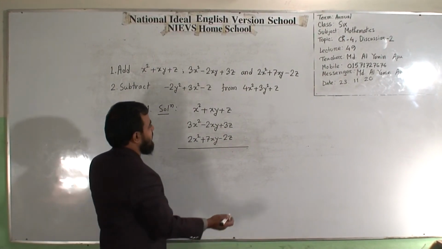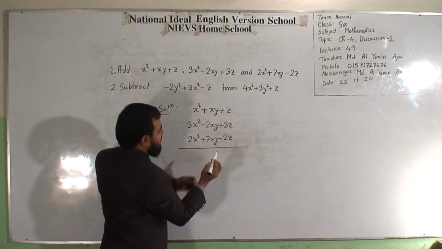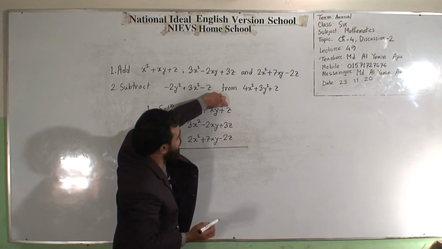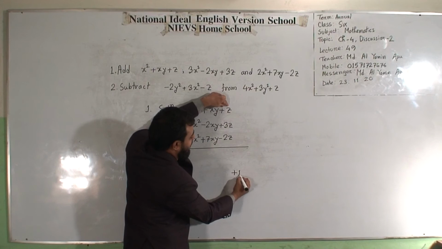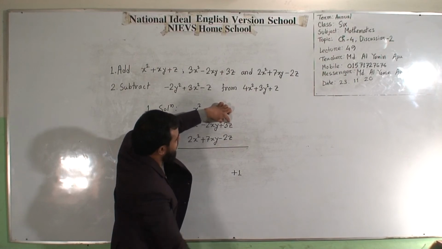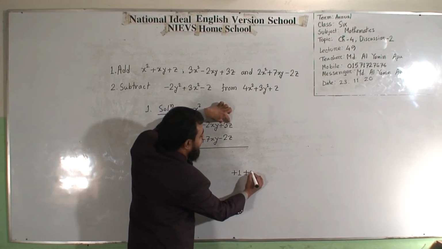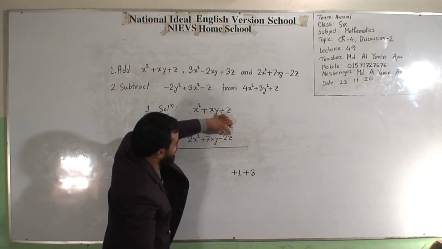Look, dear students, this z has plus 1 as the coefficient. So plus 1 will be our first numeral. Then the next z, the second z, has plus 3 as coefficient of z. That is why our second numeral will be plus 3. Now the last z has minus 2 as coefficient of z.